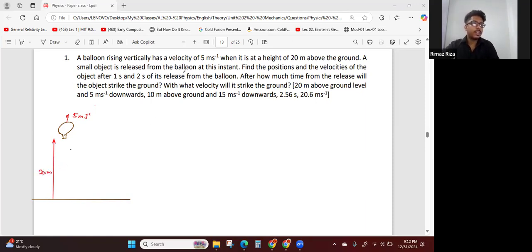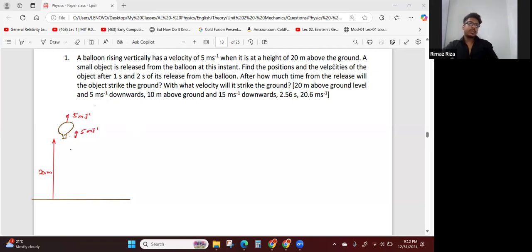A small object is released from the balloon at this instant. So when it is released, it has an initial velocity of 5 meters per second vertically upward, because everything inside the balloon will already attain this speed. So if you drop this, it will have the initial velocity of 5 meters per second vertically upward.